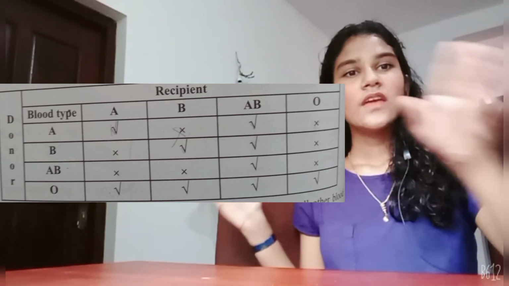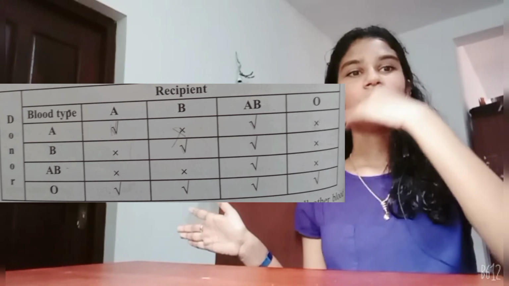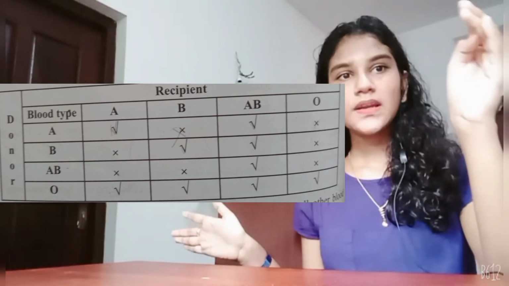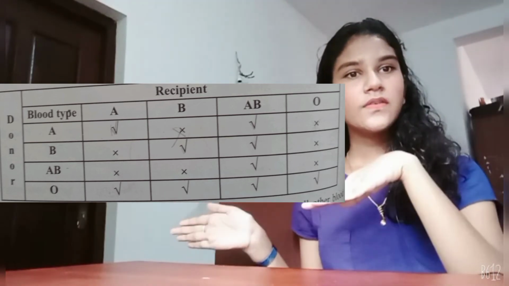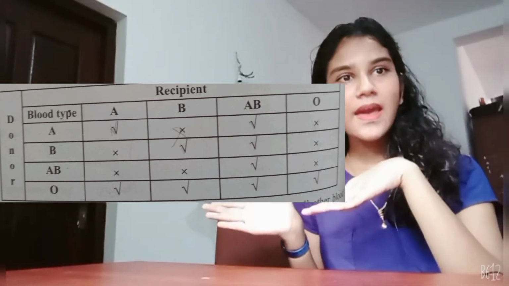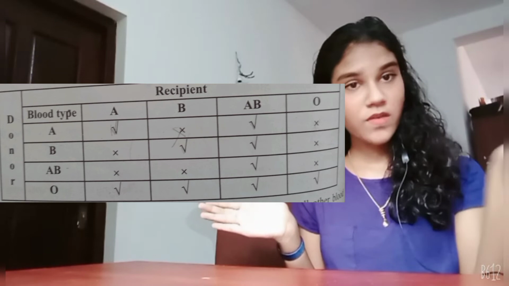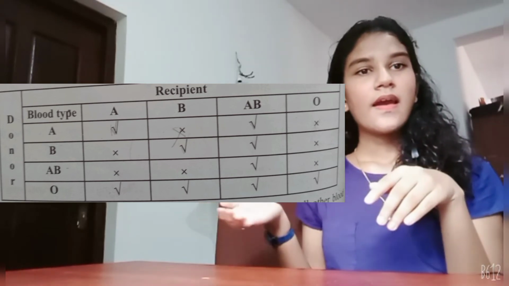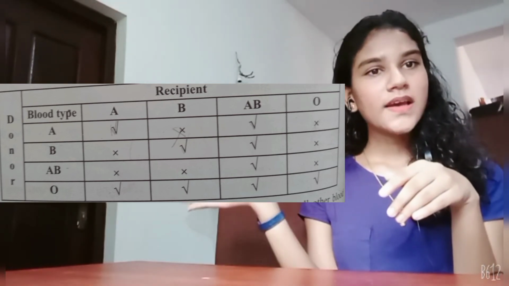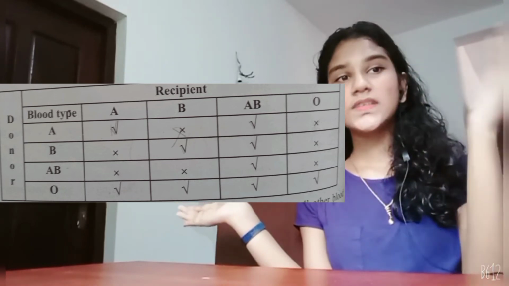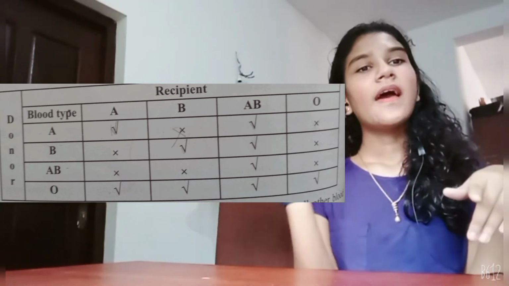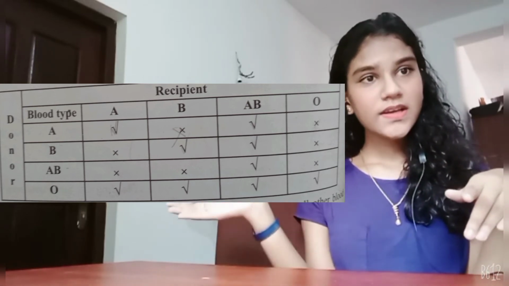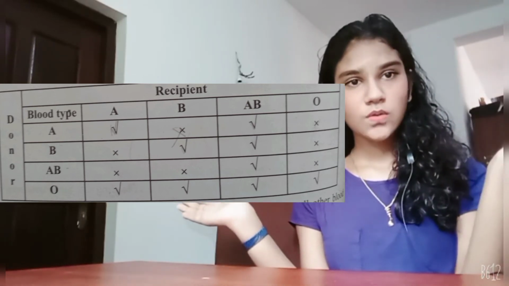If the donor has the blood group A and the recipient has blood group B, we cannot receive that. And if the donor has blood group A and the recipient has the blood group AB, we can receive that blood. And if the blood group of the donor is A and the recipient is O, we cannot receive that.